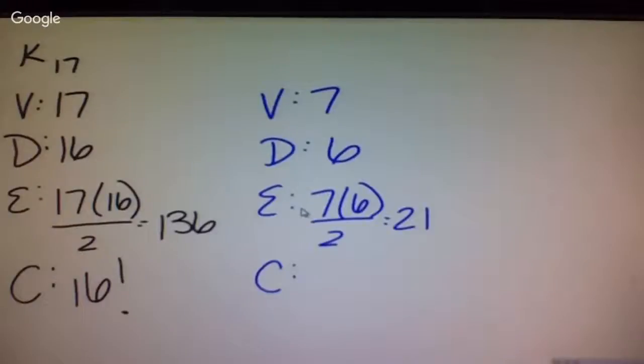How do I find my circuits? 6 factorial, which means I have a graph that's K sub 7. Okay. I need to find one that actually is going to work that I'm not making up in my head here. Hold on.